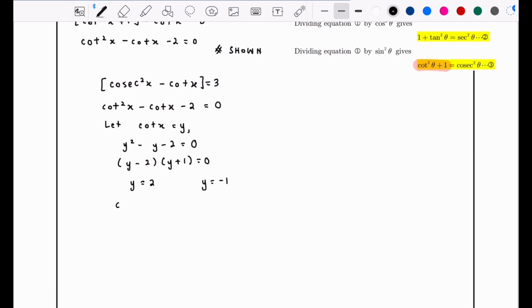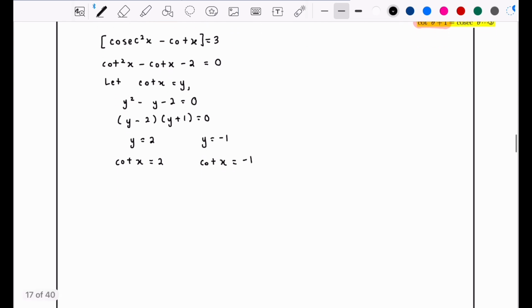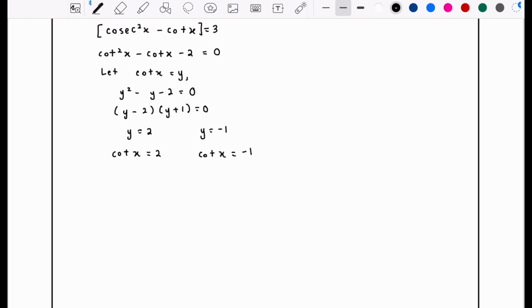Substitute back y equals cot x, and we have cot x equals 2 and cot x equals negative 1. So now we have two equations and we have to solve both. In order for us to solve a trigo equation, our equation must be in terms of tangent power 1, cos power 1, or sine power 1.